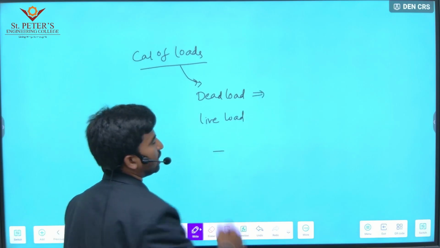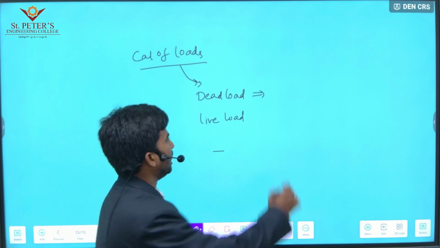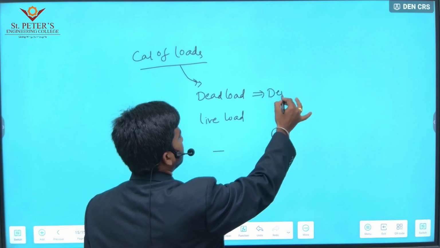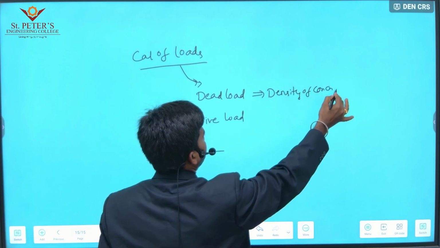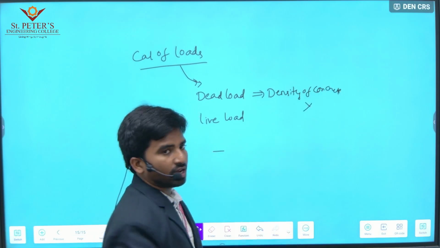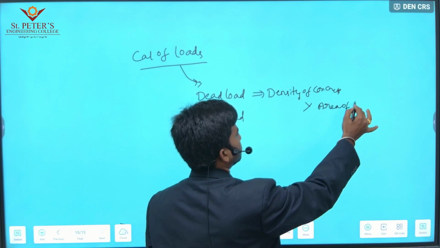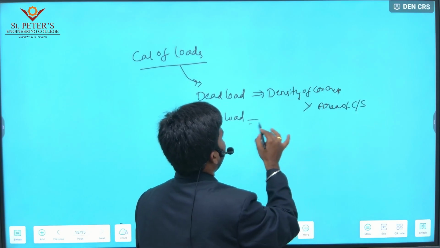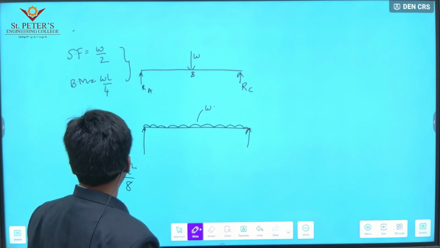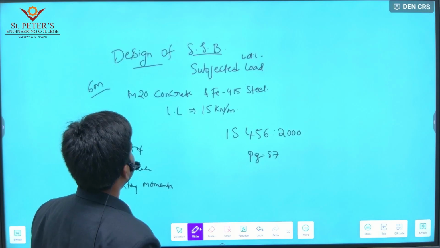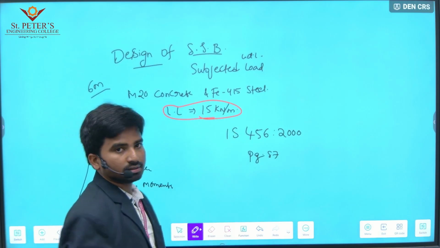So how to calculate this dead load? Dead load has an IS standard formula: density of concrete multiplied by the area of cross section of the beam. And for live load, in the given data we got the value: the live load is 15 kilonewton per meter.